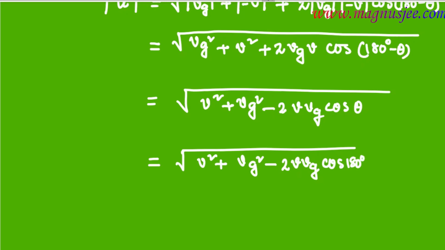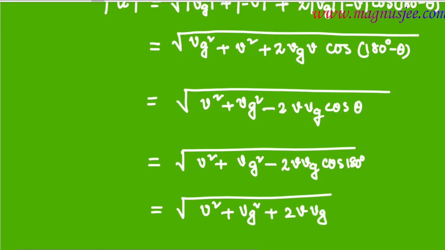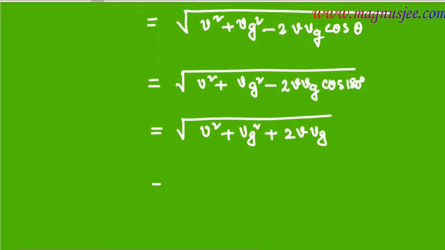Theta is 180 degree and cos 180 degree is minus 1. So we can write root over v squared plus vg squared plus 2 v vg. Therefore, u equals v plus vg.